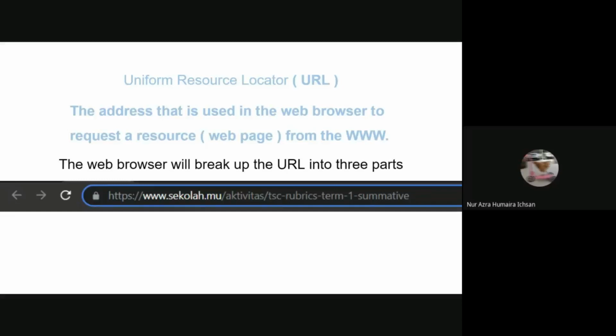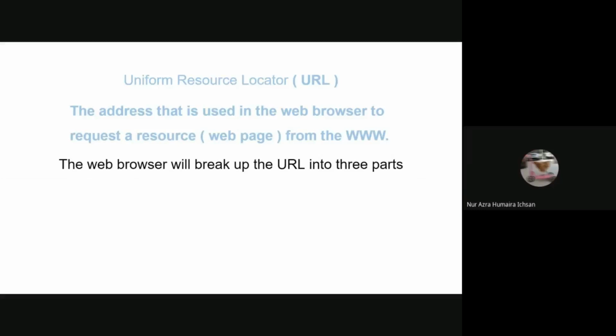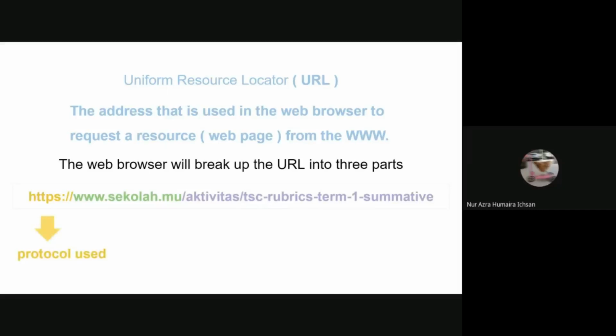This is also an example from my bar. The web browser will break up the URL, or the Uniform Resource Locator, into three parts: first the protocol used, the HTTPS, the domain, and also the file name, or often the page name.